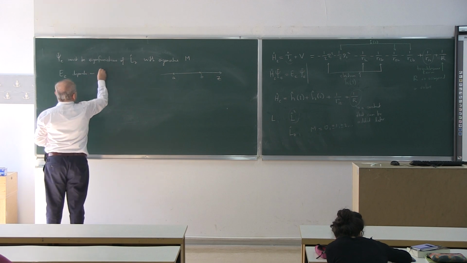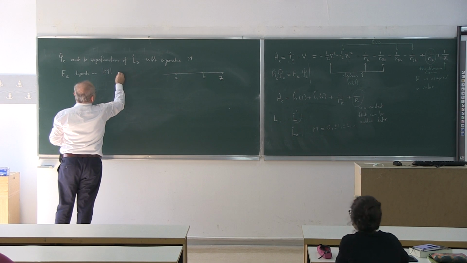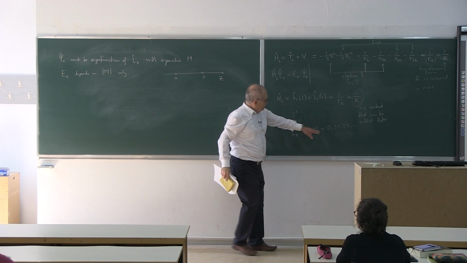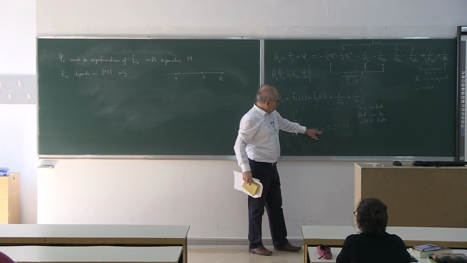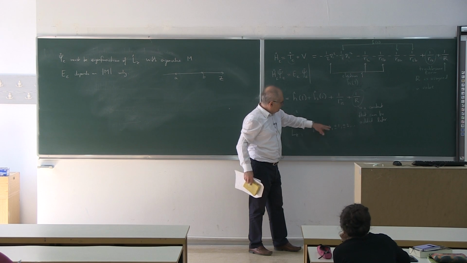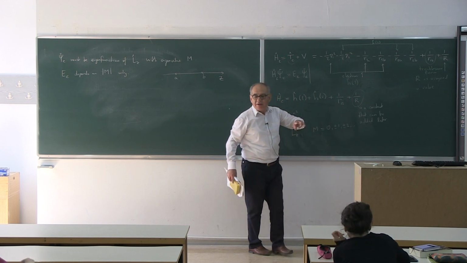Here you see that when m is non-zero, we have two possibilities, +1, -1, or +2, -2, and so on.